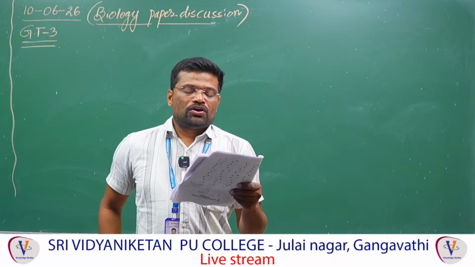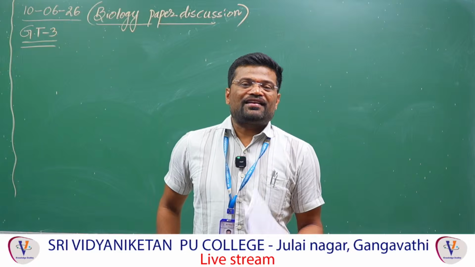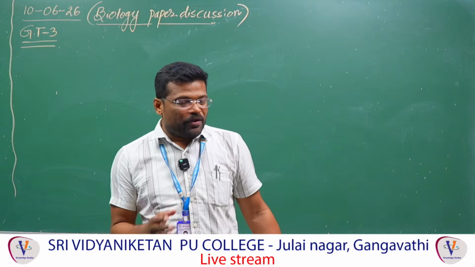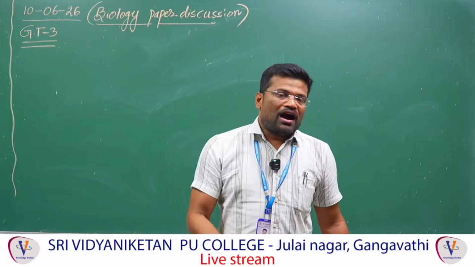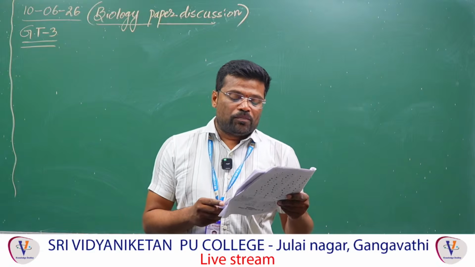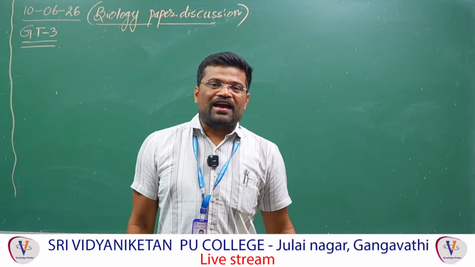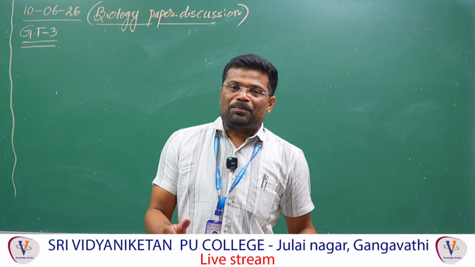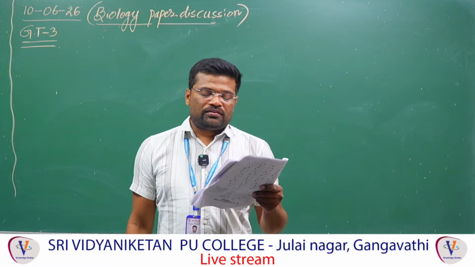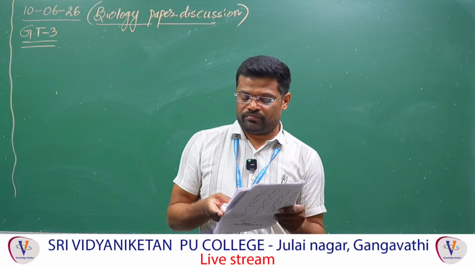C, pivot joint is located between atlas and axis, radius and ulna, tibia and fibula. C2. D, saddle joint is located between carpals and metacarpals of thumb. So answer is 2. A3, B4, C2 and D1.